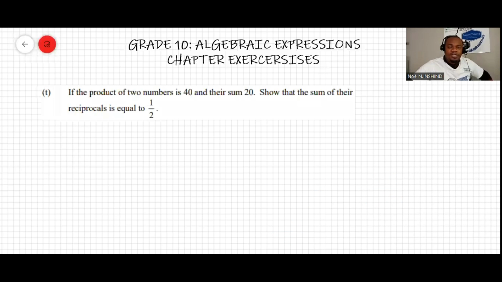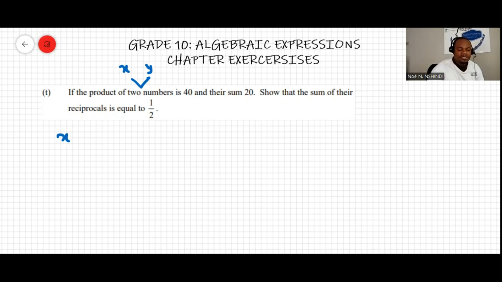Well, I have another question here that says if the product of two numbers is equal to 40 and the sum is equal to 20, show that the sum of the reciprocals is equal to a half. Now, let's say the two numbers are x and y.